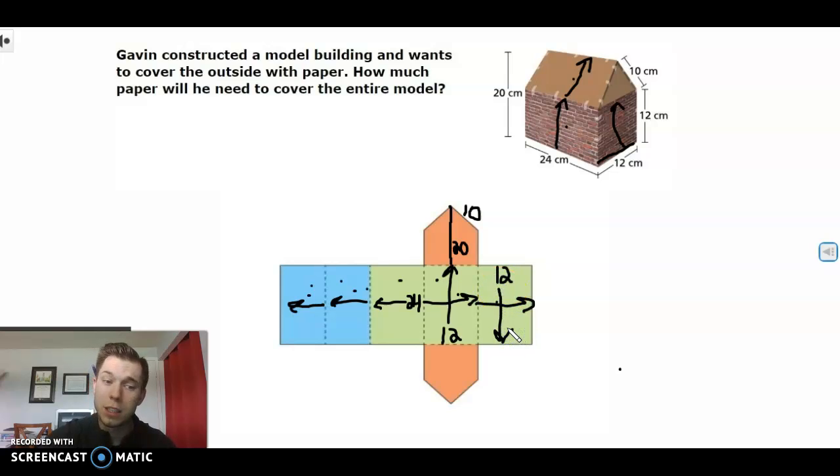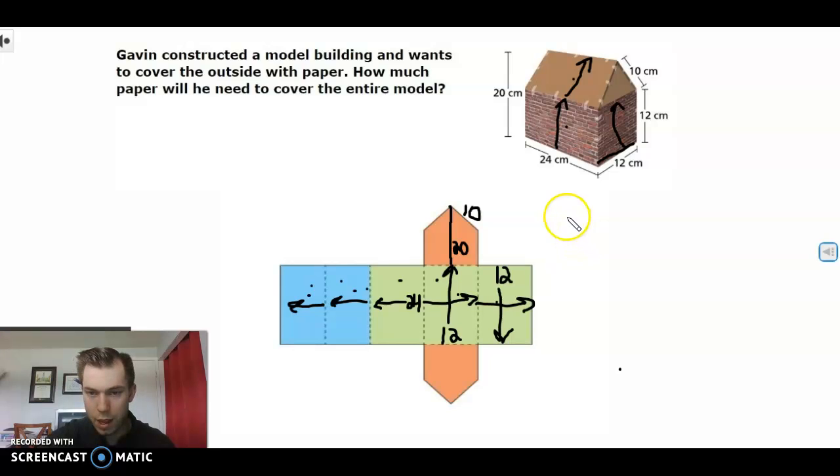Now here's a little tricky part. Actually, we'll go ahead and start breaking down the rectangles first before we get to the orange colored pieces. So if you look at our rectangles here, we have 3 24 by 12s. 1, 2, 3 24 by 12s.